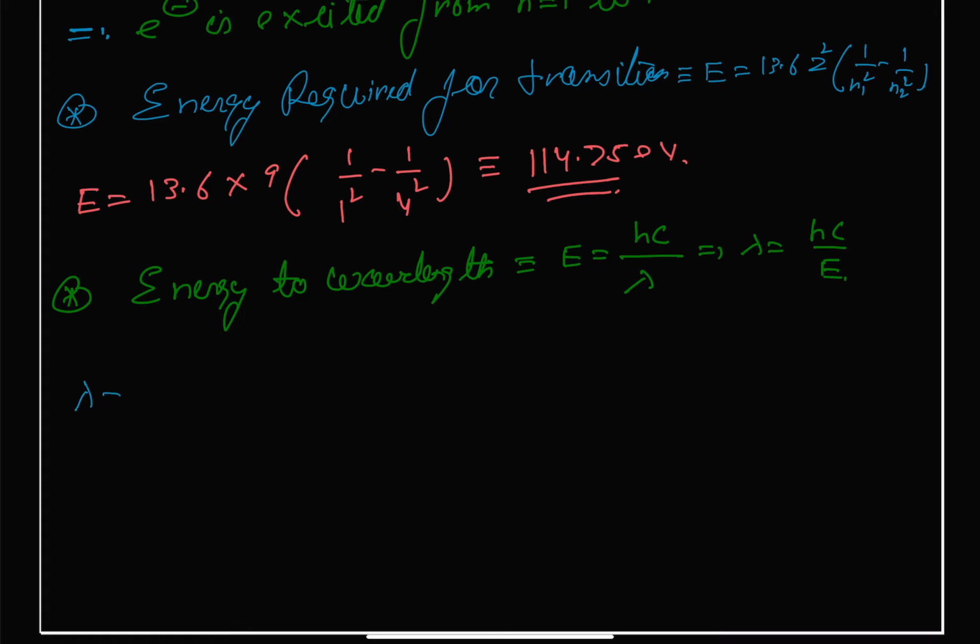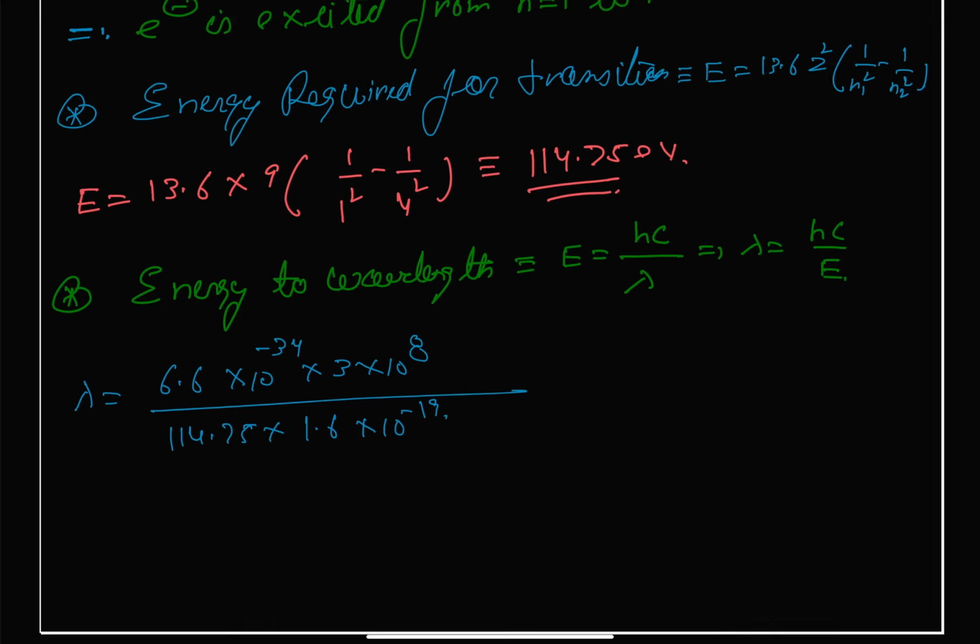So we get lambda is equal to h, which is 6.6 into 10 to the power minus 34, c is the speed of light, and the energy we just found is 1.75, and we convert into joules, so it is 1.6 into 10 to the power minus 19.